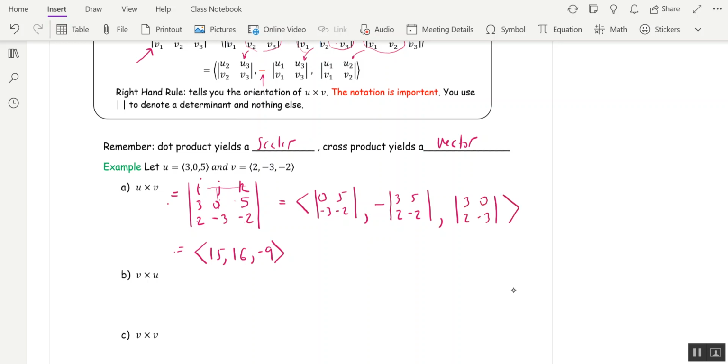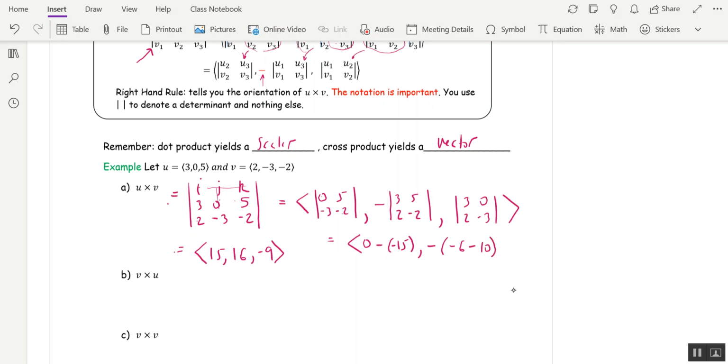Now we compute those three numbers. The first is 0 minus -15. That's how I got positive 15. Second entry is negative, and it's going to be -6 minus 10, which is -16.